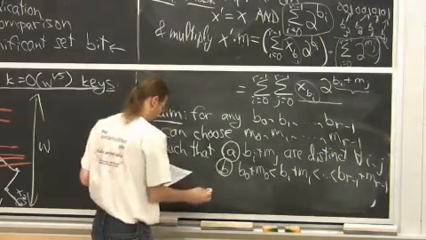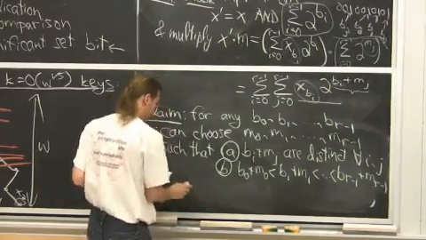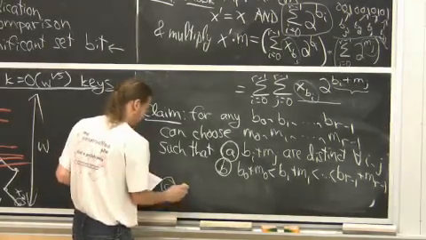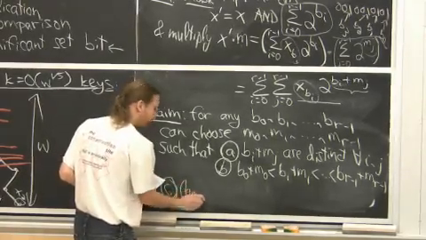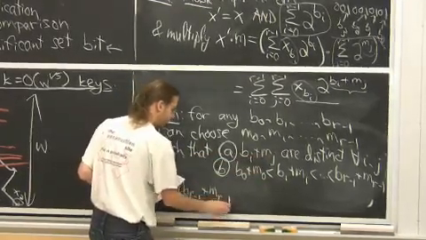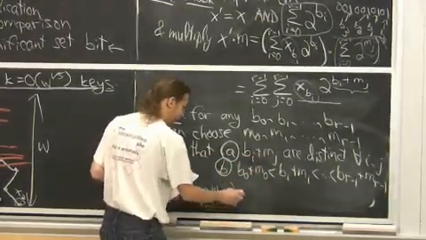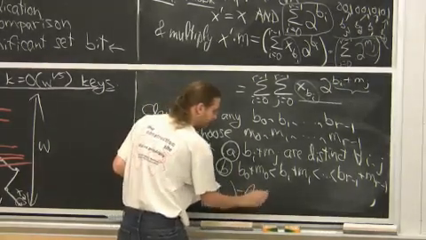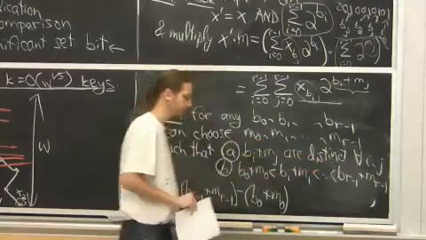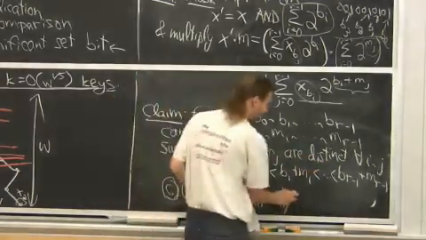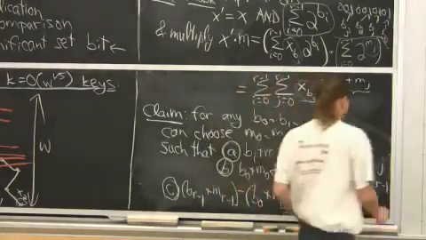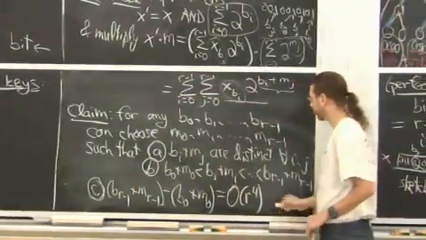Okay. And then third property is that if I look at the span of those bits, so I look at b_{r-1} plus m_{r-1} minus b_0 plus m_0, that is the interval that these bits span, I want that to be order r to the 4th power, because r was w to the 1/5.